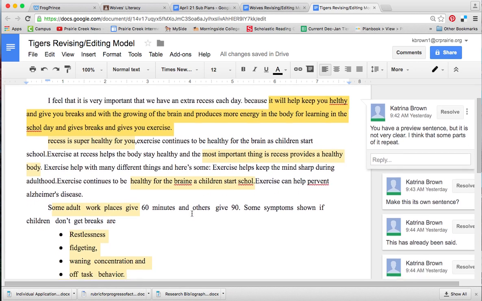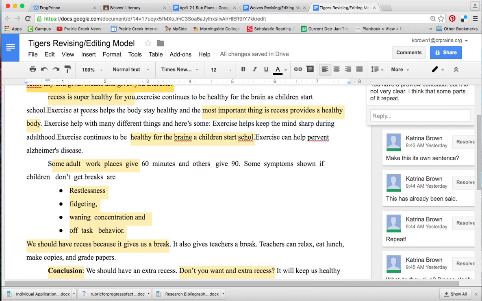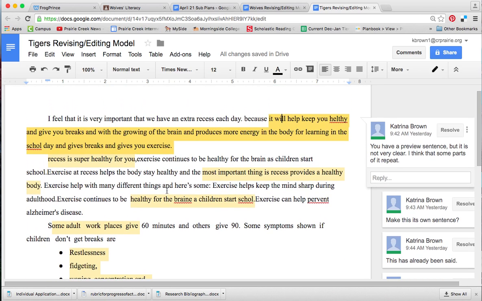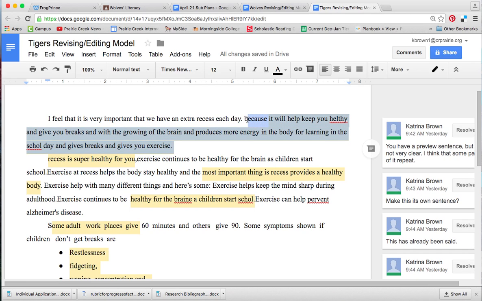As I look through this, my two main ideas that I had were that recess is healthy for you, and I talk about how it's healthy for the brain and healthy for the body. And then I also talk about giving breaks. So I think I'm just going to get rid of this whole sentence and rewrite my preview sentence.